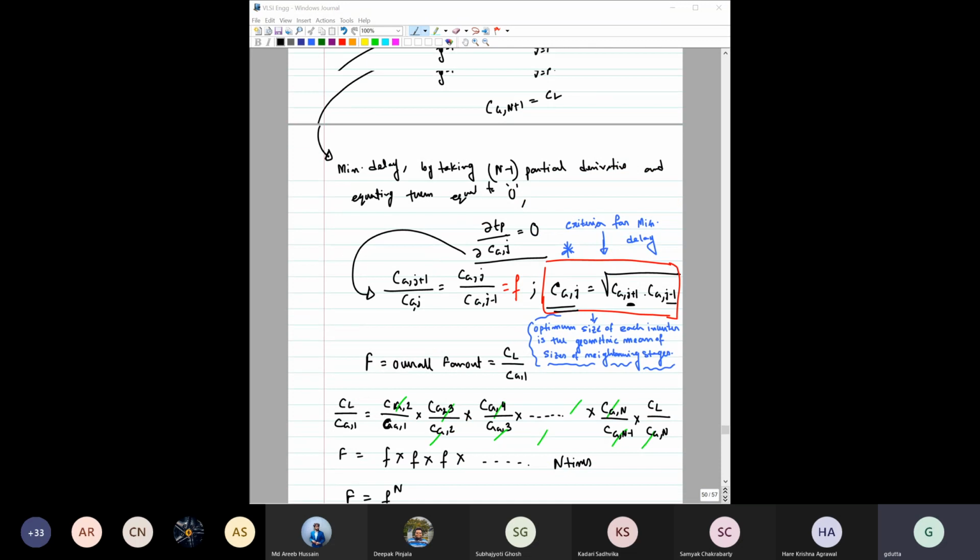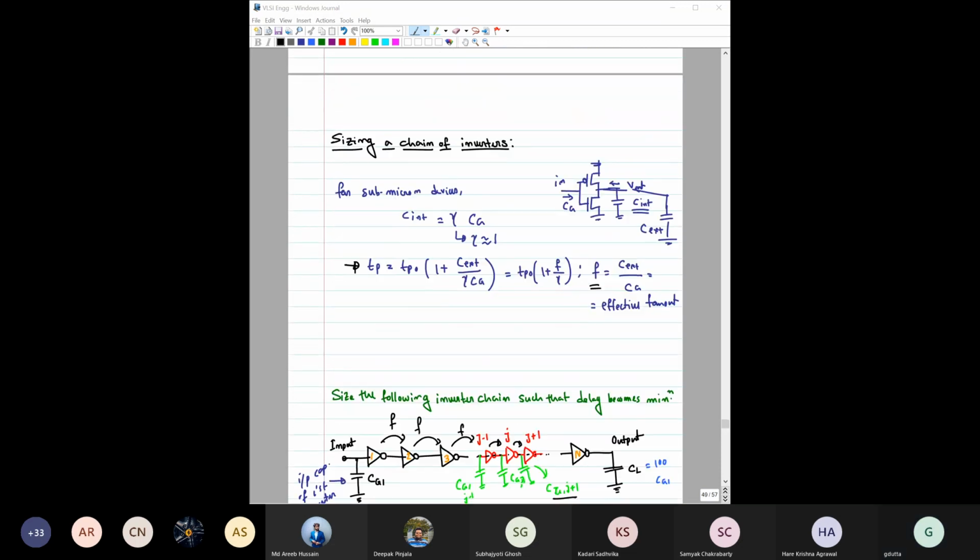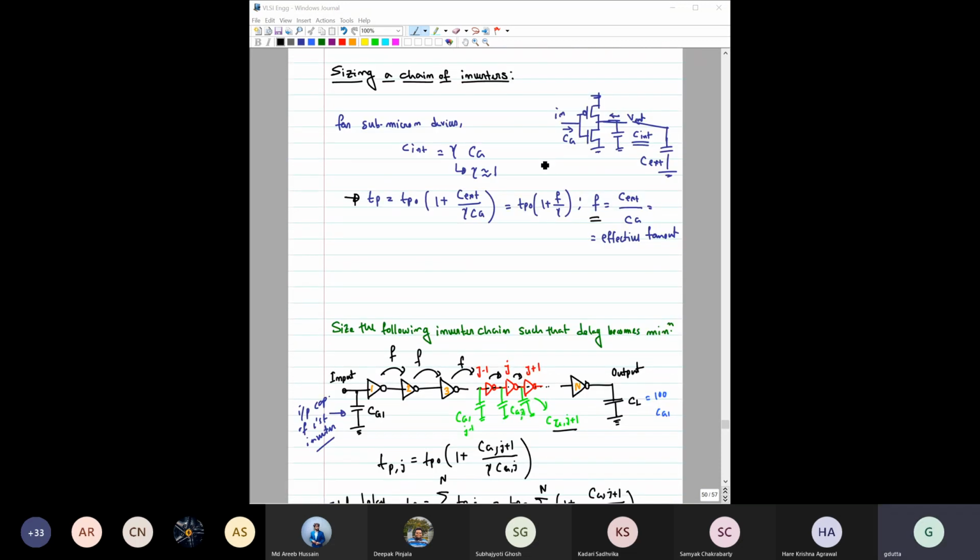So in the last class, we were discussing sizing a chain of inverters. There we introduced a parameter called gamma. And we have seen how to represent this internal capacitance, or the self-loading capacitance, in terms of its gate capacitance, because this self-loading capacitance will be a part of the driving gate itself.